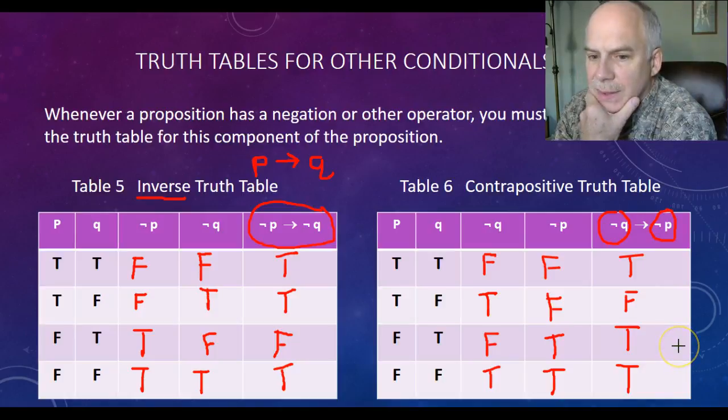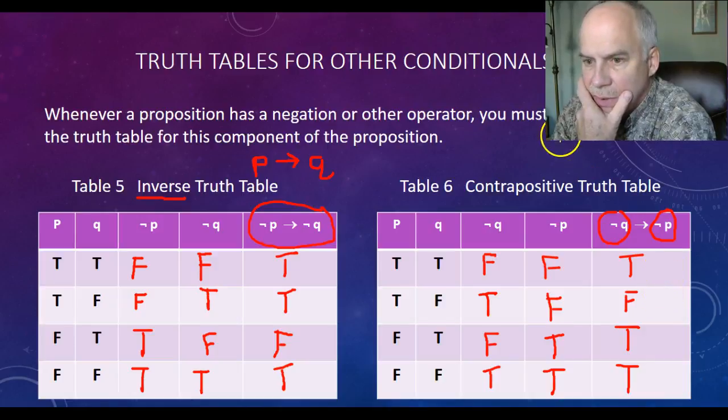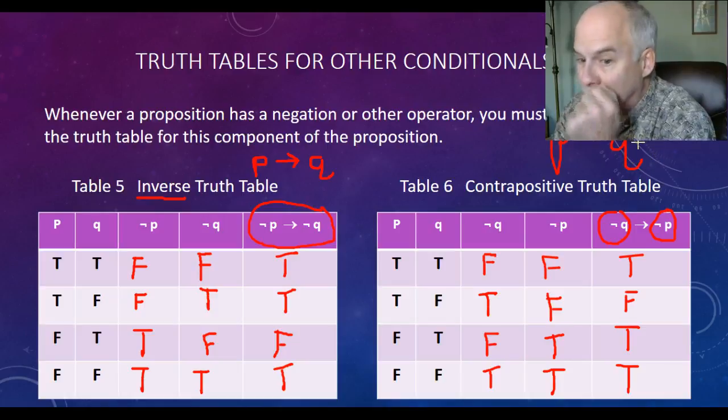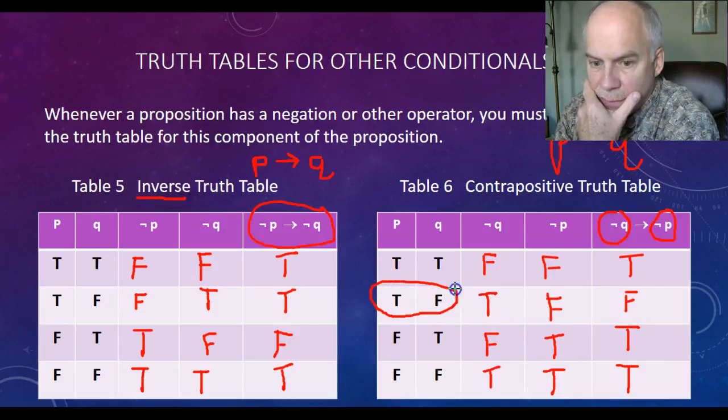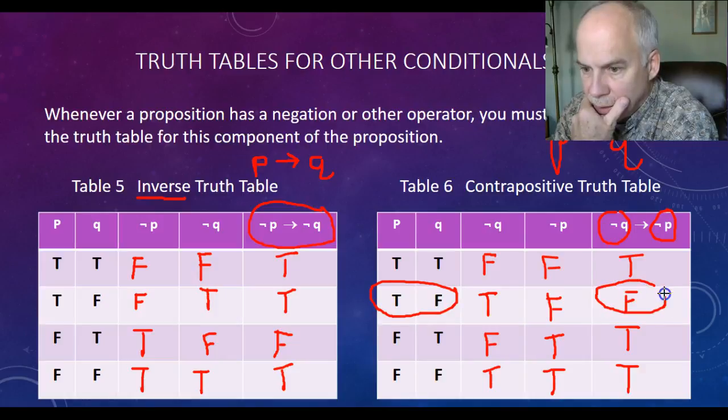Now you'll notice that the truth table for the contrapositive is really going to be the same as the truth table for the conditional P then Q. Because the conditional P then Q would be false in the case when the first thing is true and the second thing is false, which is what we encountered here.